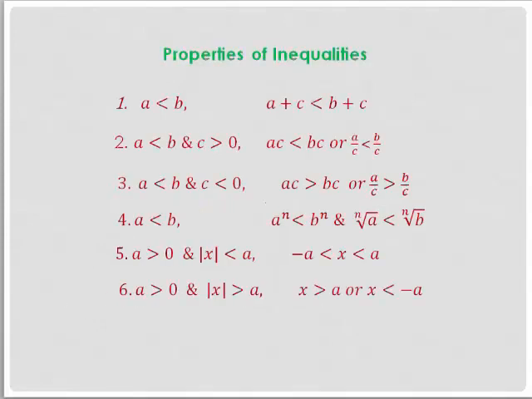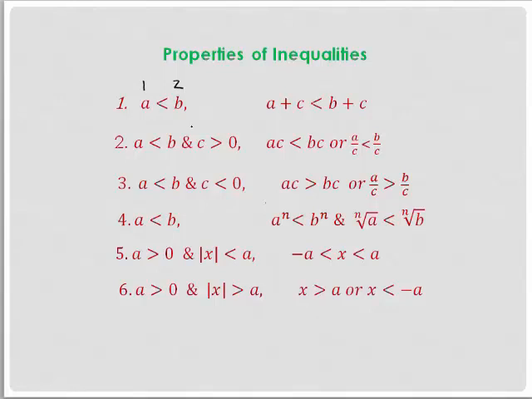Let's first take a look at the boring part, the properties of inequalities, and these change a little bit from equalities. Okay, first, if A is less than B, then I can add anything to it and still it remains less.